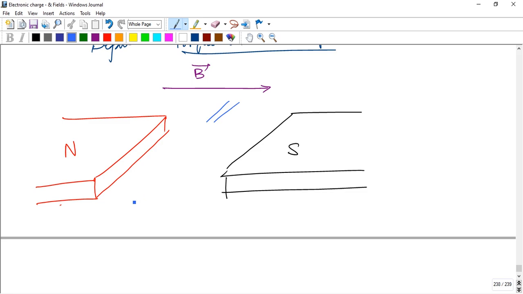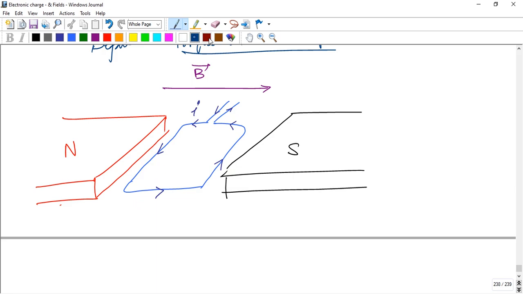Suppose the current is in that direction. That's the direction of current. Okay, so now calculate the force.